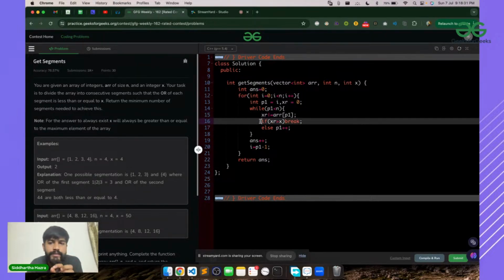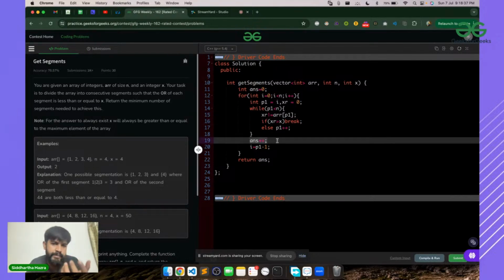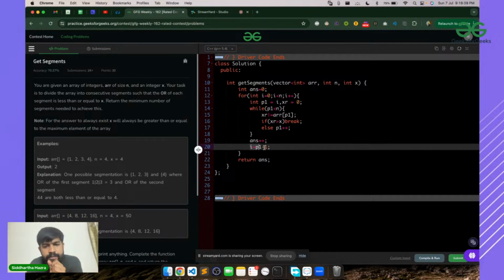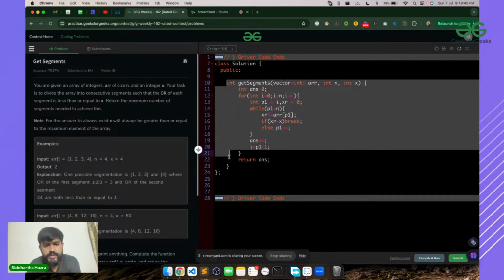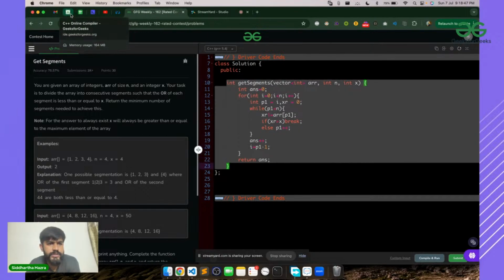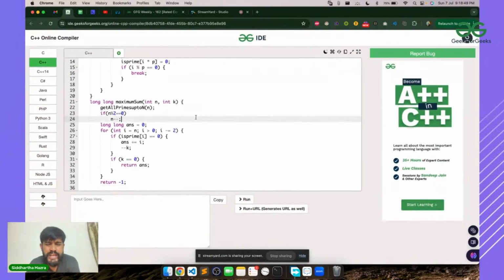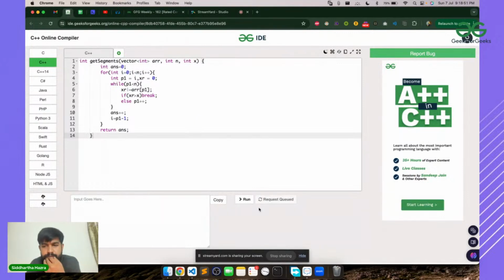If at any point we have the value greater than x, we would break from that condition, increase the number of segments, and start again. Simple enough. This is the solution, a 4-liner solution. I think this should have been the first problem.